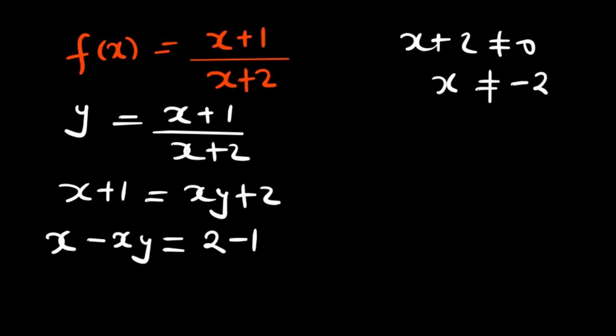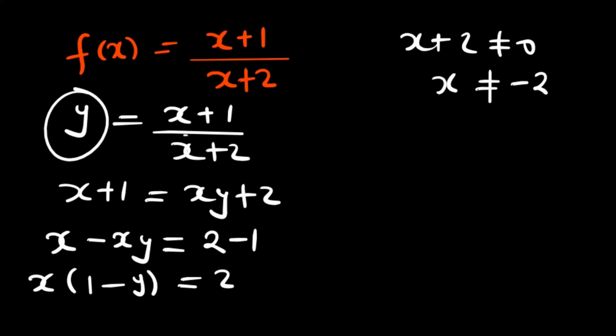Then from here, I just have to factorize the x. Okay, I think there was a mistake here. Y multiplied by x, that is xy, then y multiplied by 2, that is 2y.